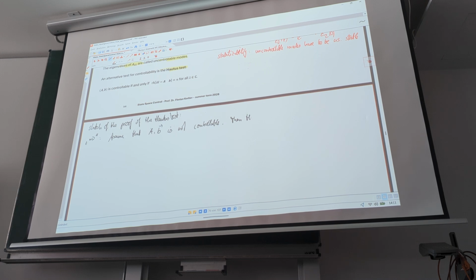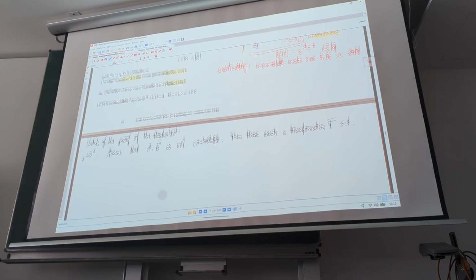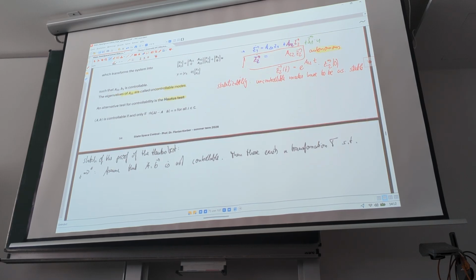So there exists a transformation T such that the system dynamics, which I call star, hold.